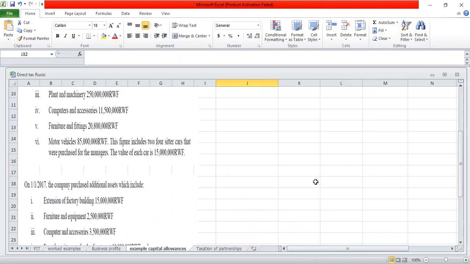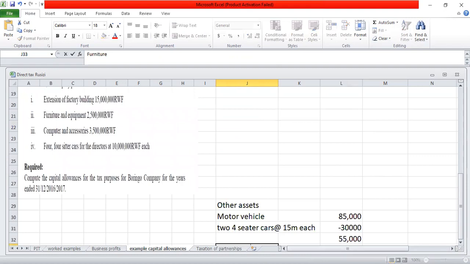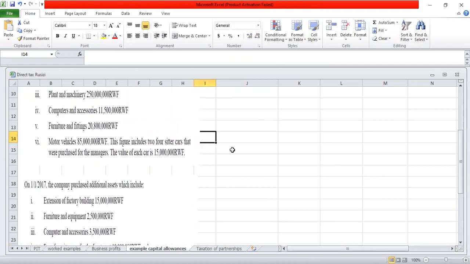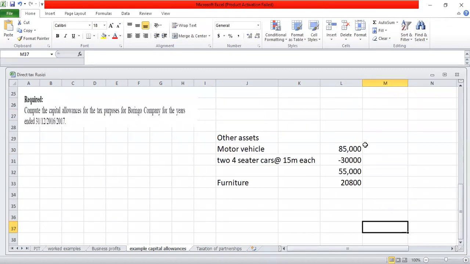Then I have furniture. I don't know if this figure will help you to understand this. They have summarized them here. Furniture is 2,800. Or I would have separated these two for understanding.